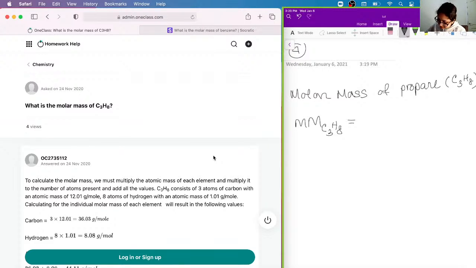So first find the molar mass of 3 carbon atoms, and add that to the molar mass of 8 hydrogen atoms.